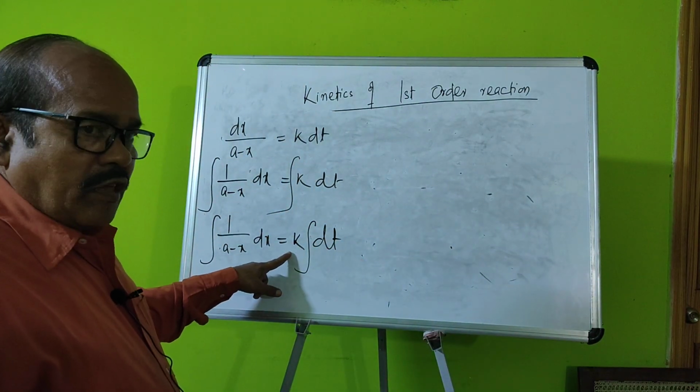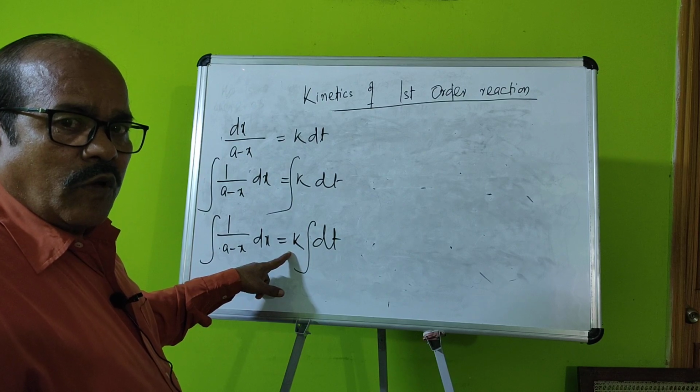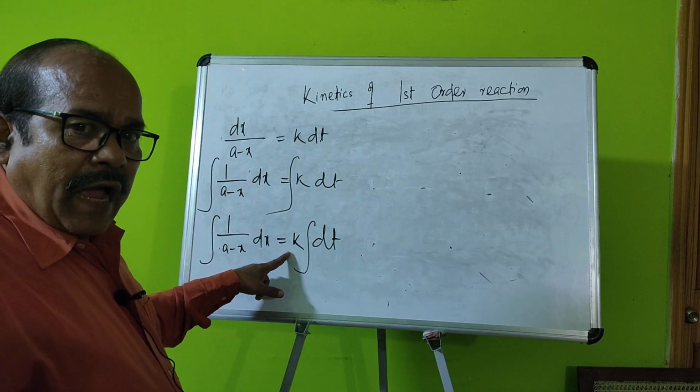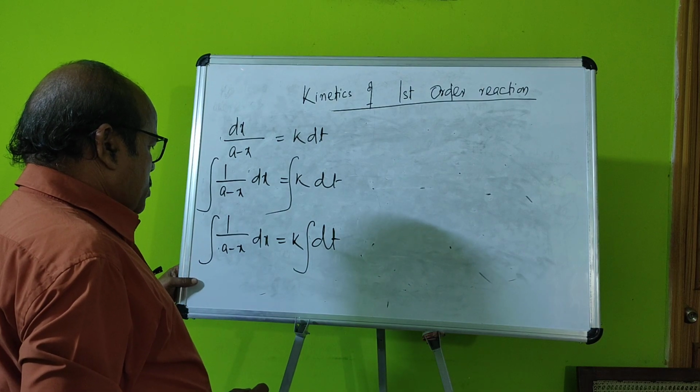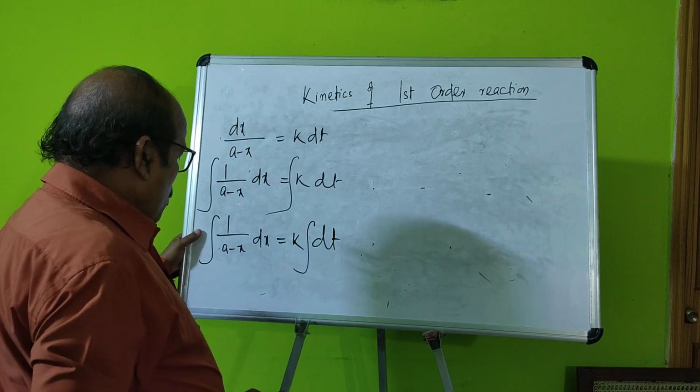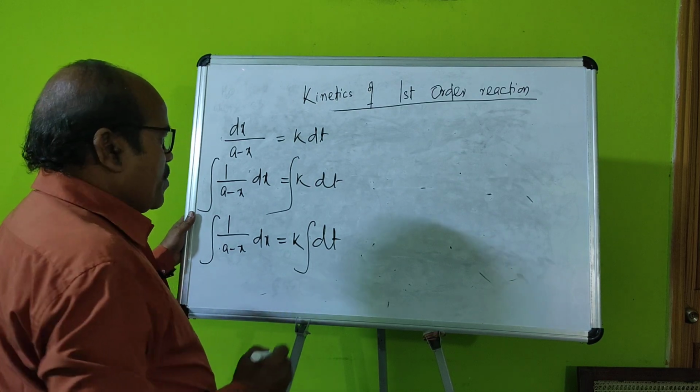This k is the first order rate constant, whose value I am going to derive. Now let me tell you what is the integration value of 1 by a minus x dx.